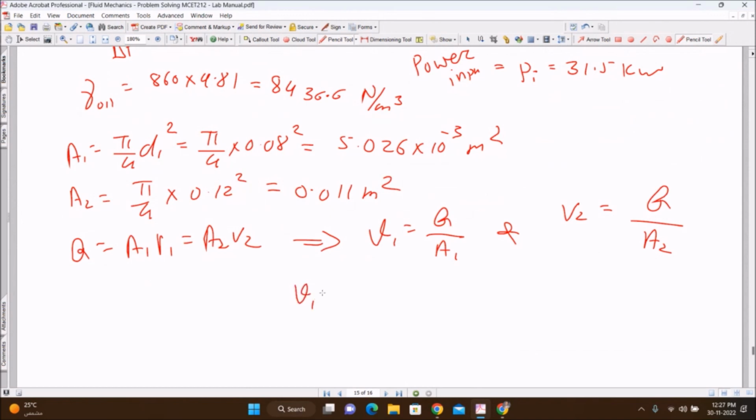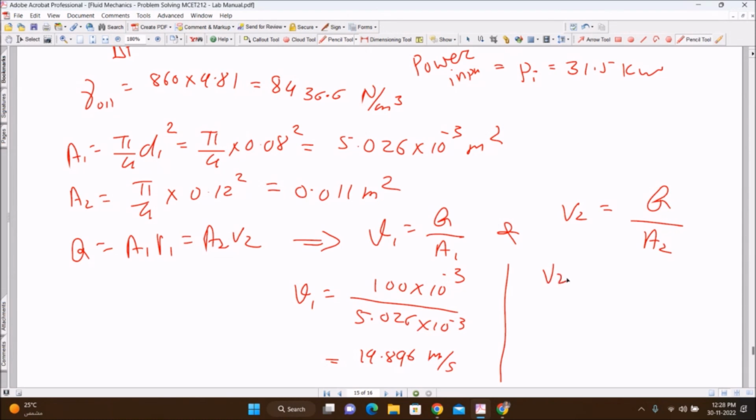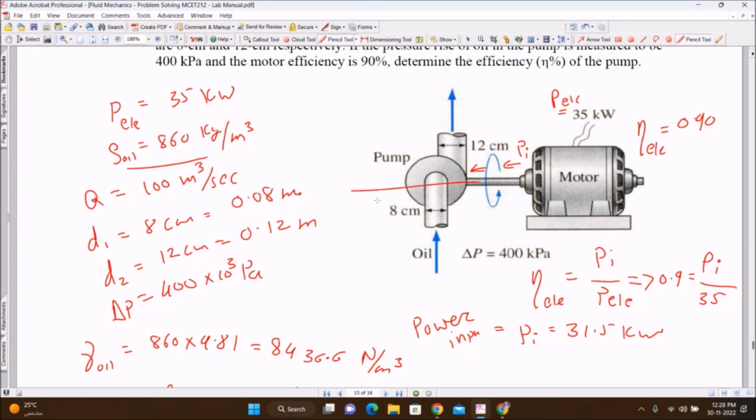So V1 is equal to Q, 100 into 10 to the power minus 3, divided by A1, which is 19.896 meter per second. And similarly, I will get V2 equal to 0.09 meter per second.